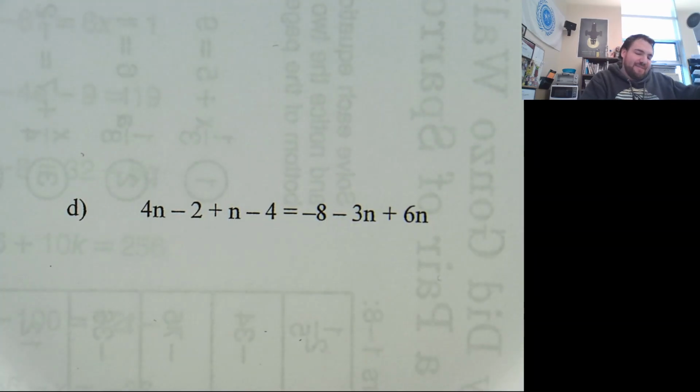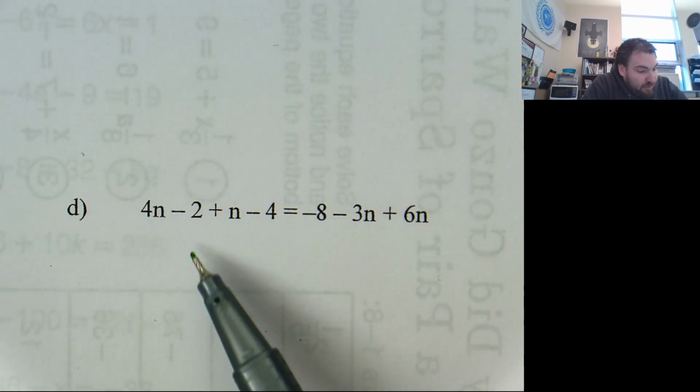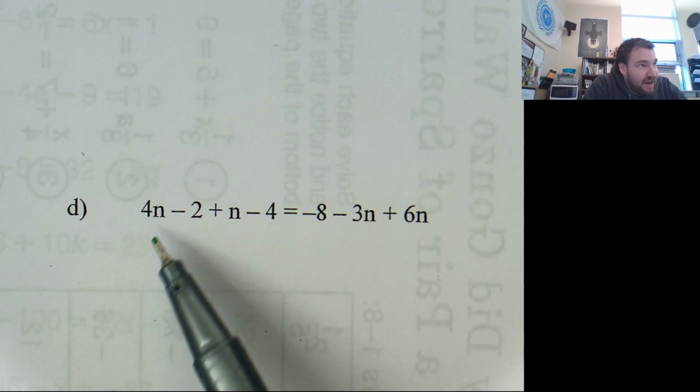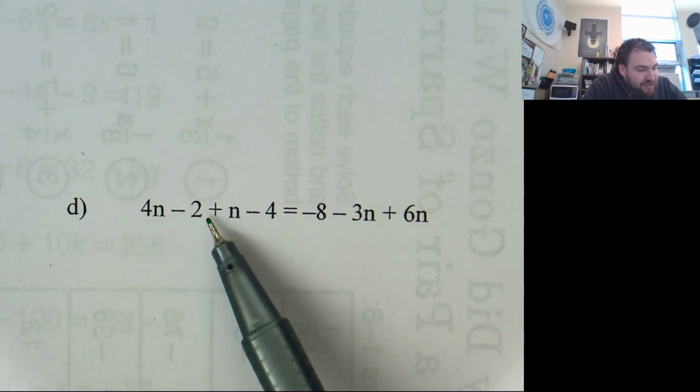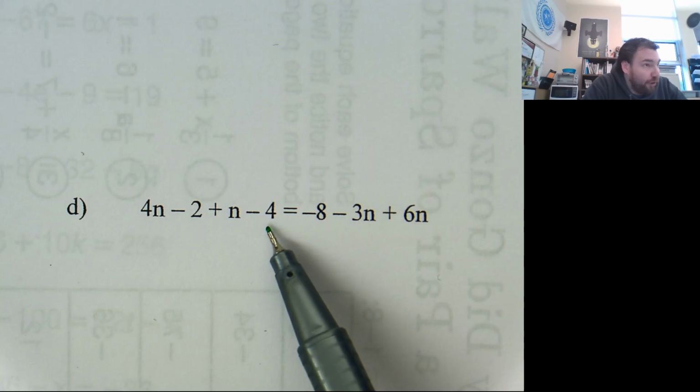If I have, the first thing we always check is like terms. And you've got to be careful when you're doing like terms. You can only work on one side of the equal sign at a time. So I've got on the left-hand side 4n minus 2 plus n minus 4.